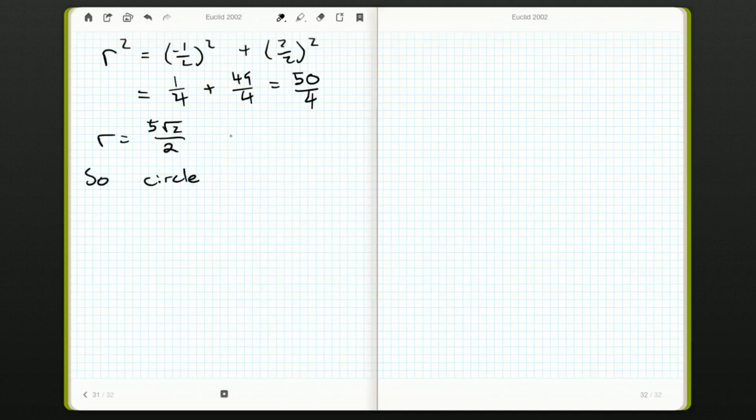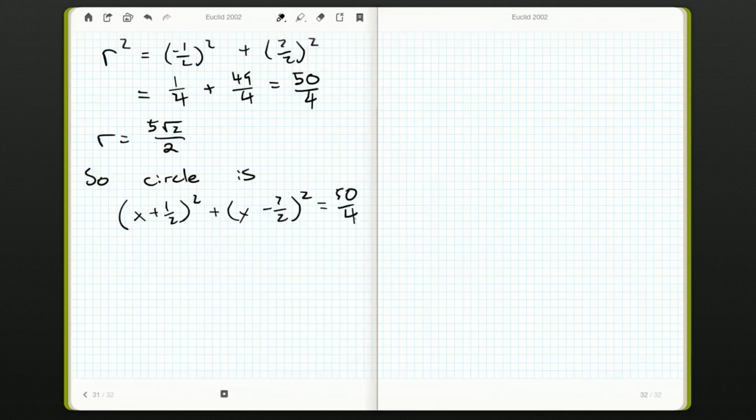We already gave our answers to what we thought the center was. So our circle is x, it would be minus, but it's minus -1/2, so we just say x plus 1/2, plus y minus 7 halves squared is equal to 50/4.